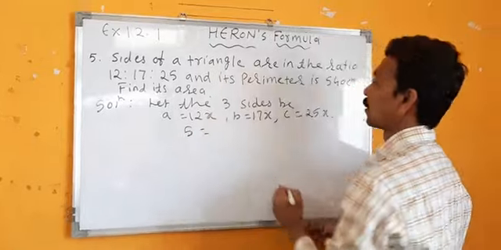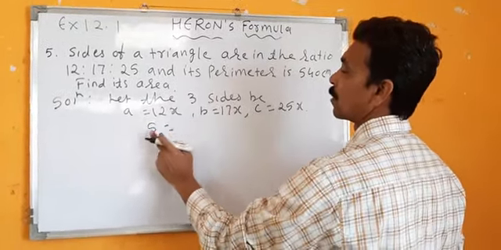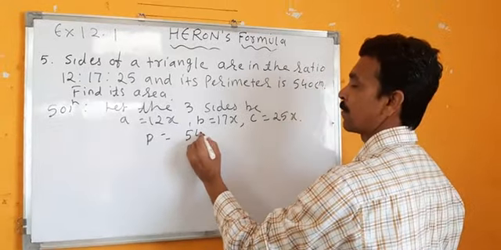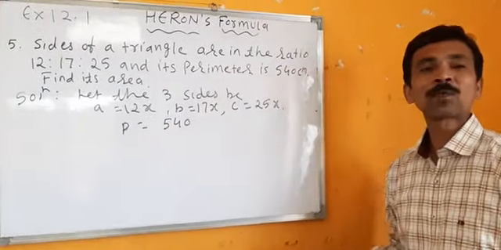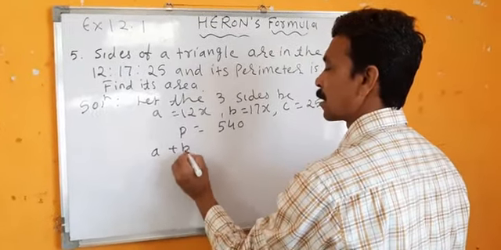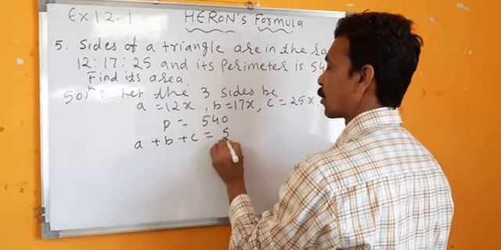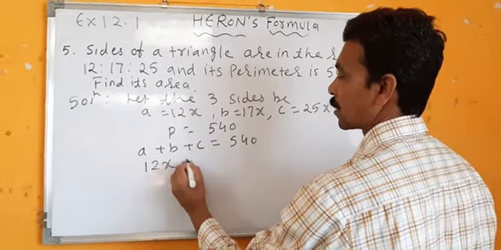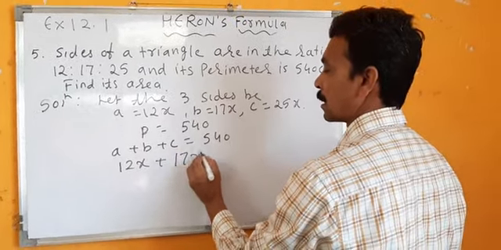Perimeter is given. Perimeter is how much? Perimeter is given as 540. Perimeter means the sum of all the sides, means A plus B plus C is equal to 540. What is A? 12x plus what is B? 17x.